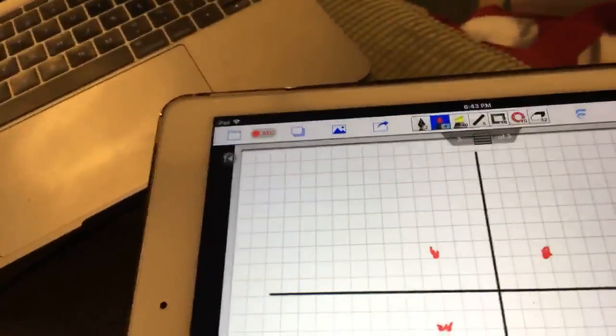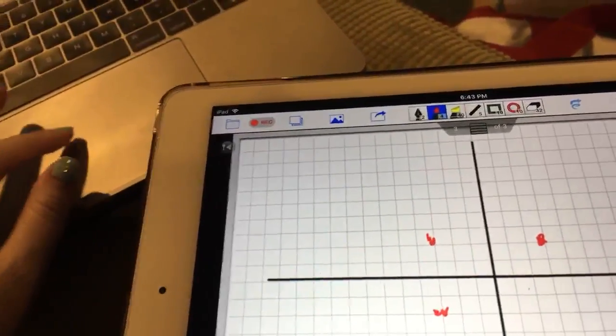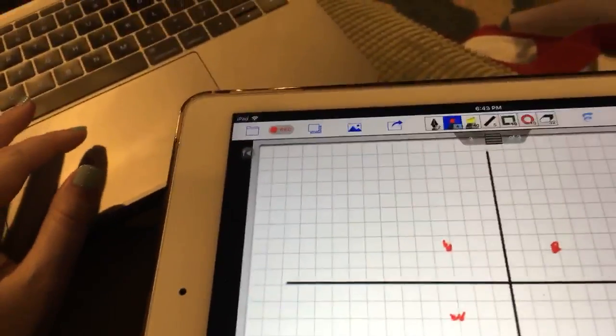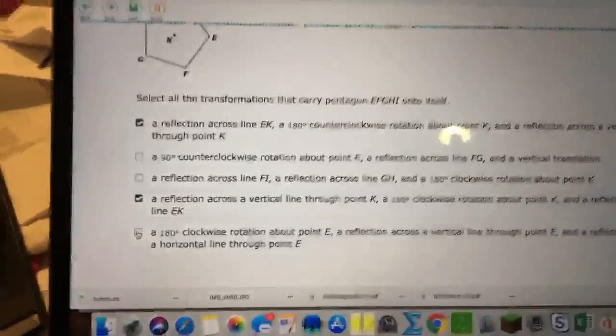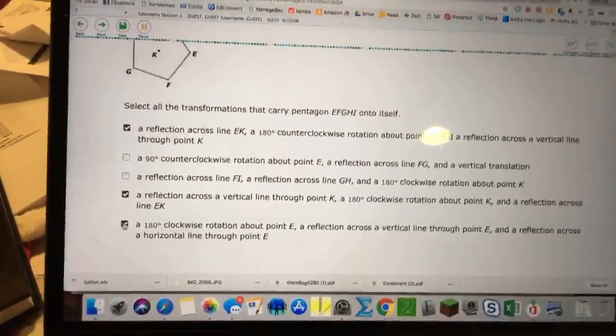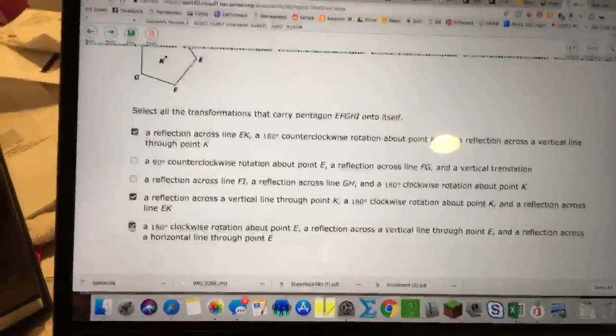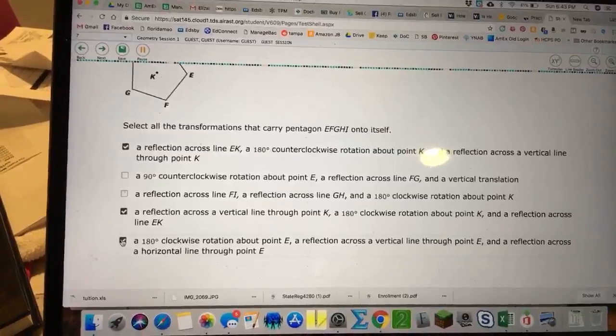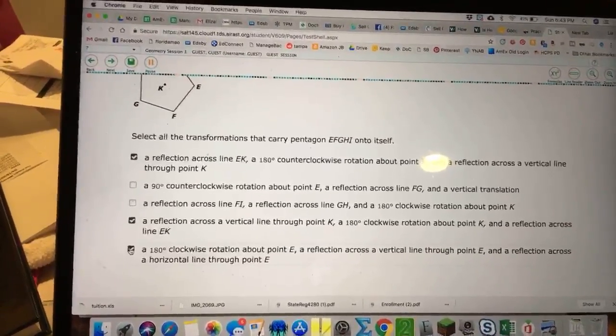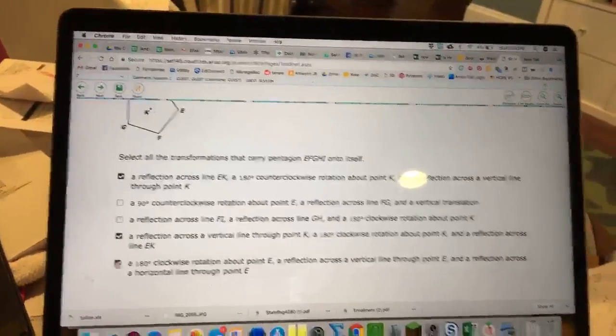So even though this is a shape and not a point, since that's going to wind us up with any point in the same spot, that's going to end up giving us the same shape.